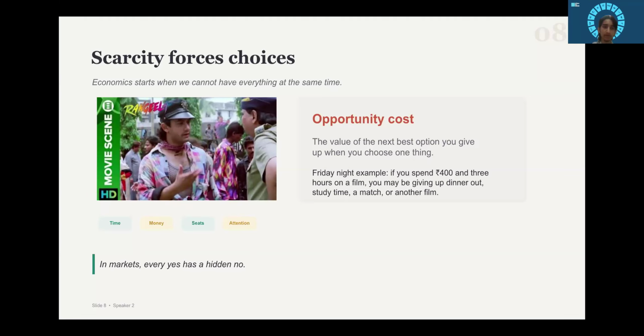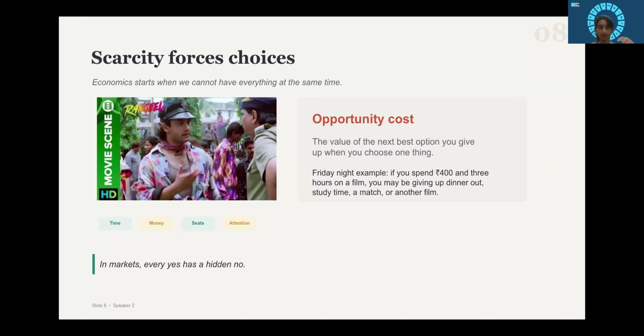Think about last Friday night. Say you had a 400 rupee budget and 3 hours. So you spend that 400 rupees and 3 hours watching a movie. But in the same time, with the same amount of money, you could have also studied for a test, gone out to have dinner, watched a match, or just slept in your bed.